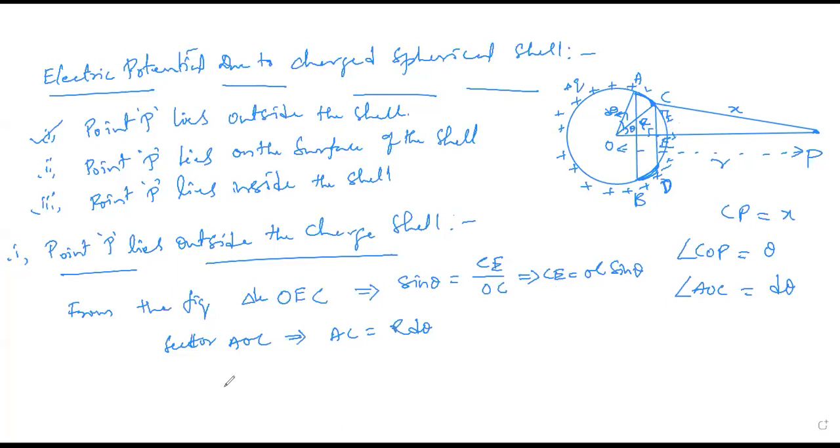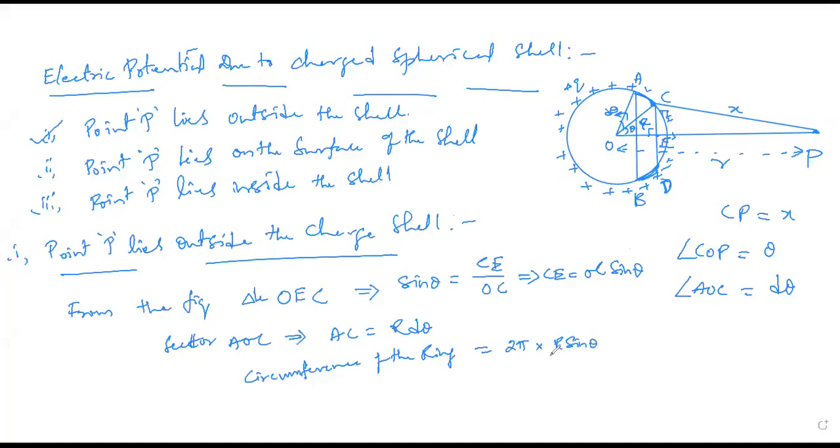So write down everyone, the circumference of the ring should be 2 pi r, so here I am going to write this as 2 pi into R sine theta.